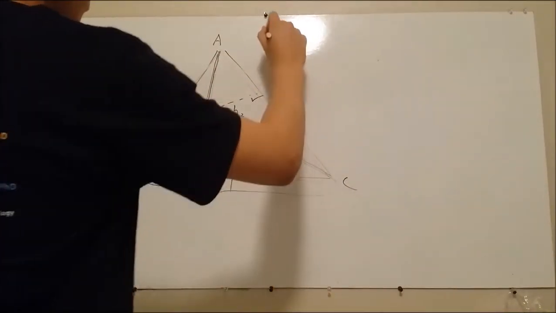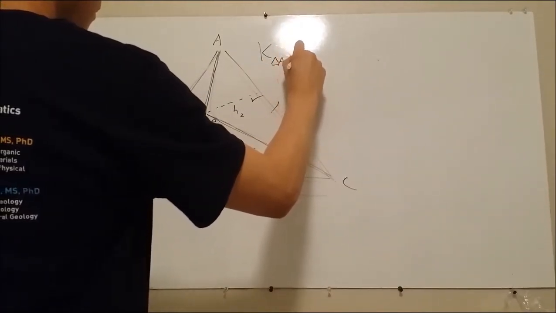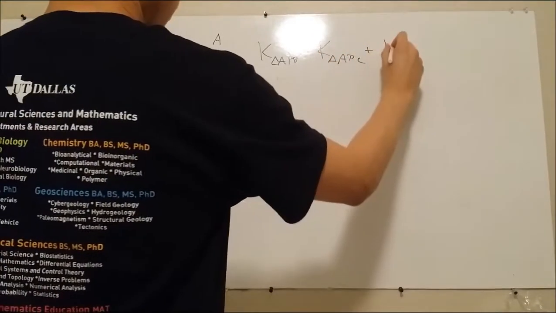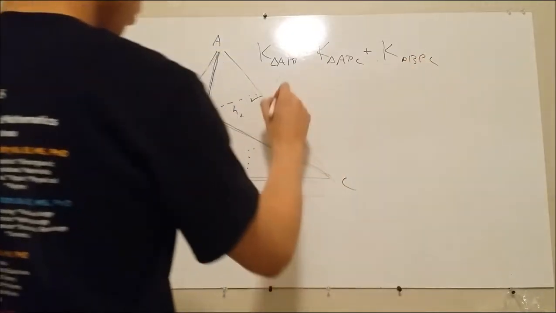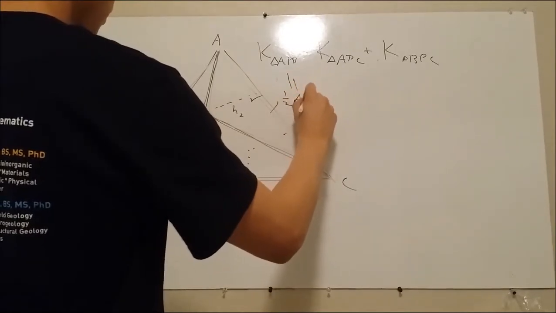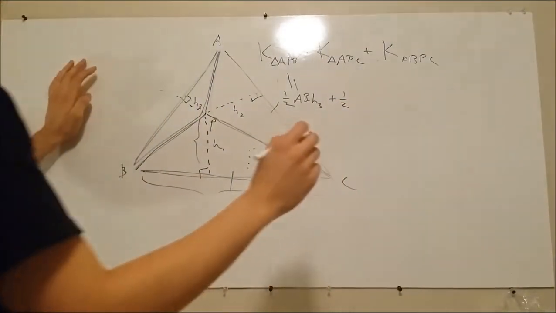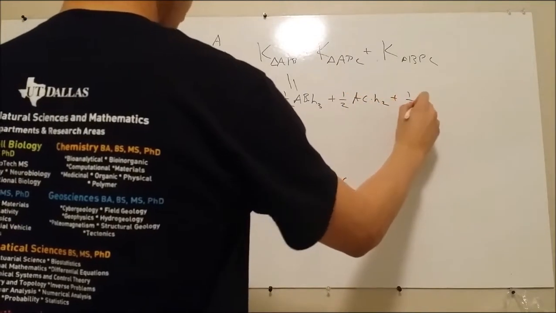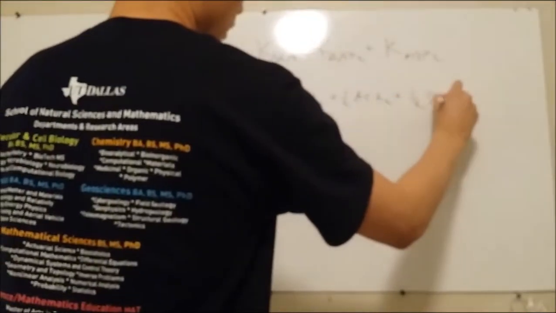So let's have the area of triangle APB plus area of triangle APC plus the area of triangle BPC, which should be equal to 1/2 AB times H3, as we said before, plus 1/2 AC times H2, as we said before, and 1/2 BC times H1, as we said before.